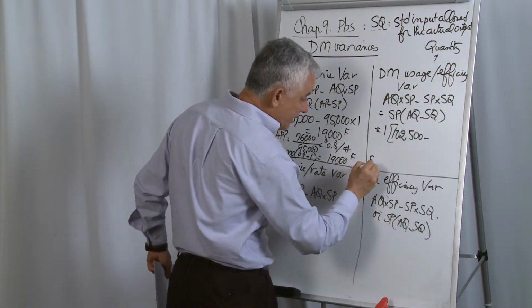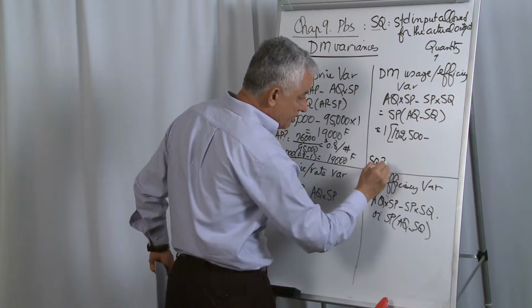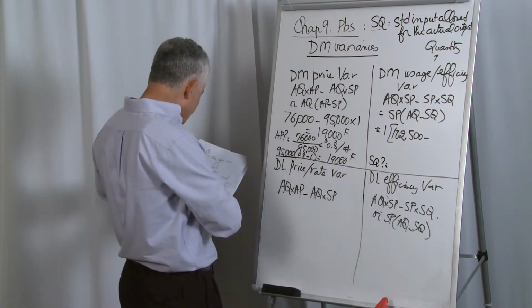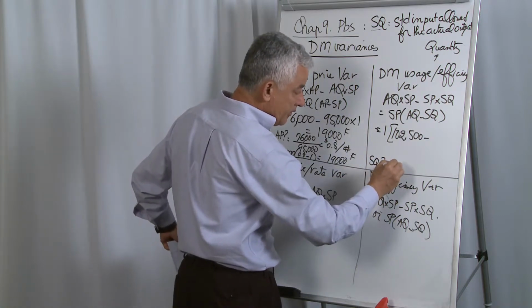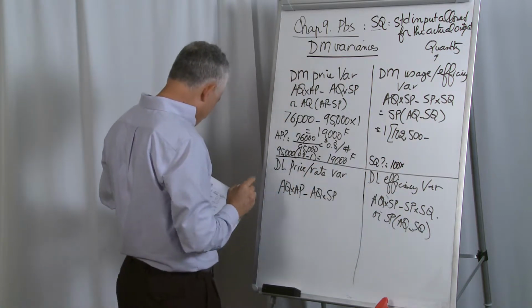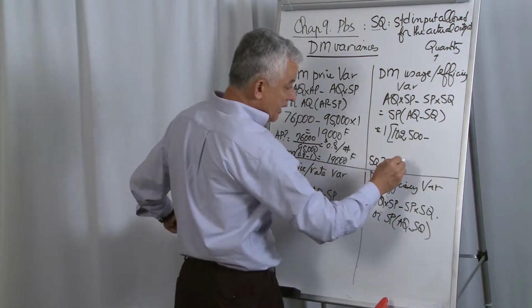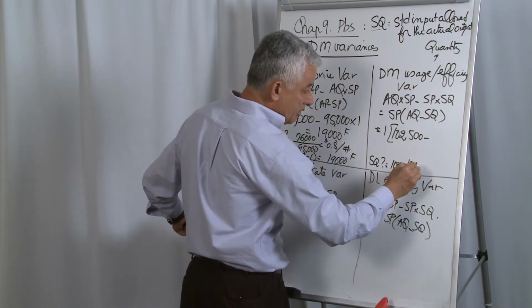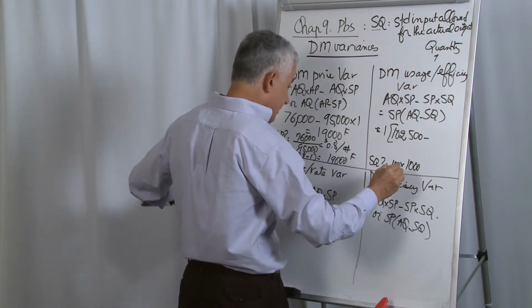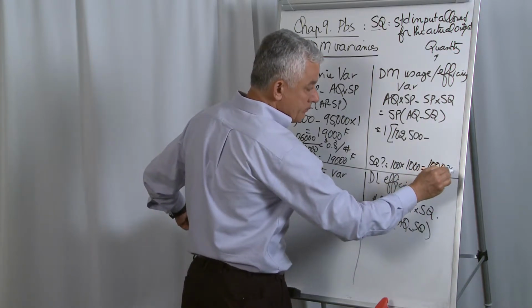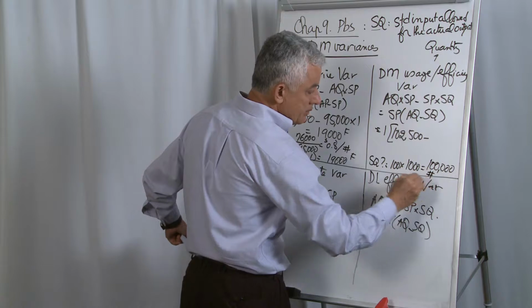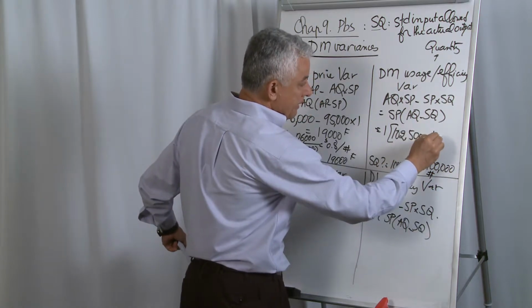We allowed 100 pounds for each unit of output produced, and given that our production consists of 1,000 units, this is our standard quantity, 100,000 pounds.